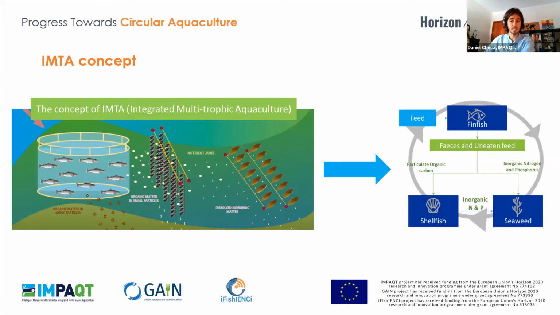The environmental benefits associated with multi-trophic systems are commonly related to the eutrophication reduction potential, mainly associated with the nitrogen and the phosphorus that flows within the species inside the production system. For example, from the waste of the fish, those nutrients can be recirculated and captured by other species like the seaweed and the shellfish, avoiding this impact on the environment.